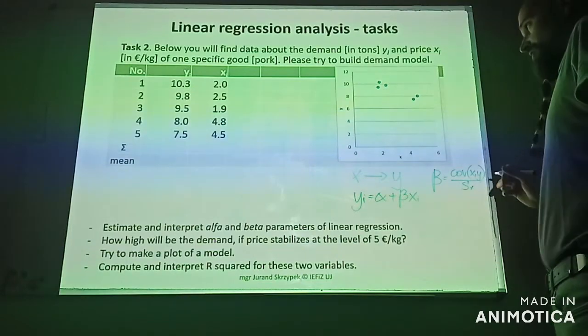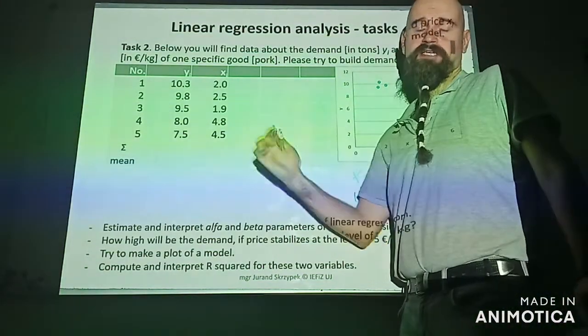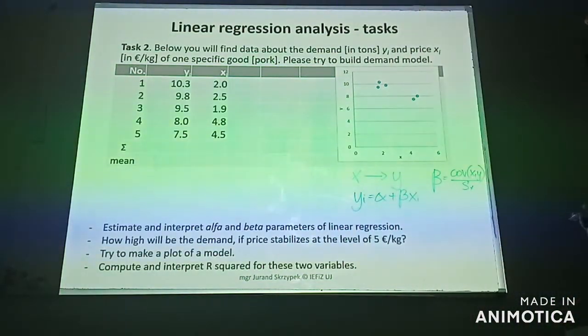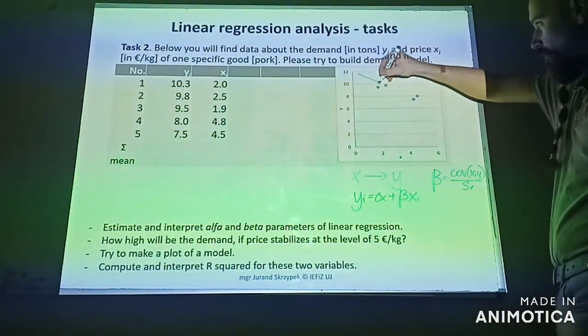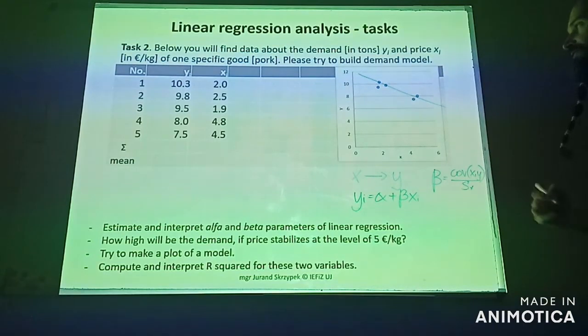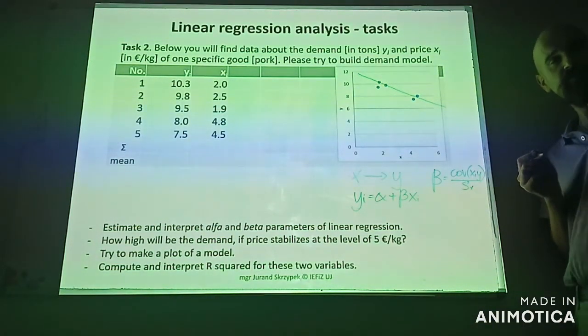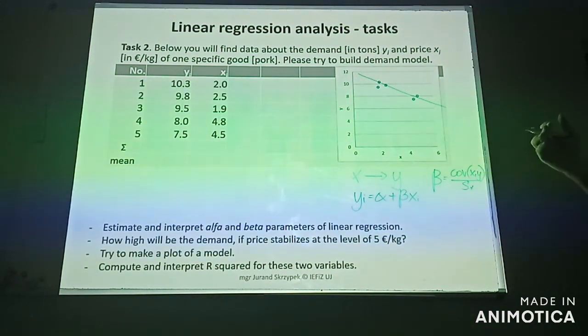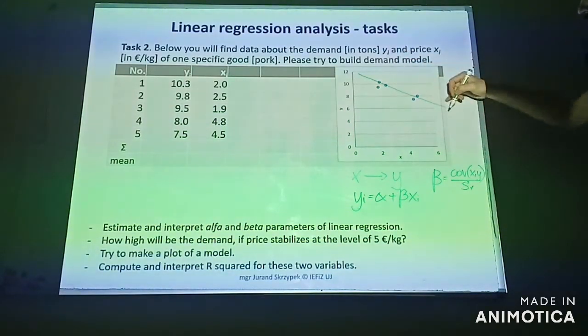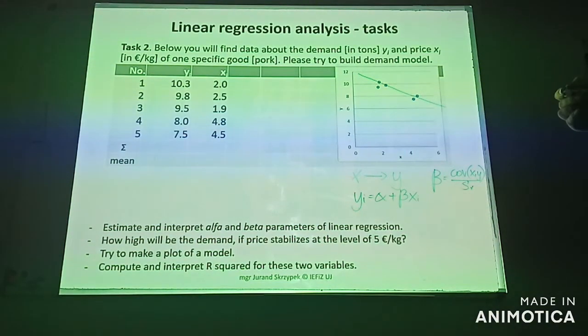Here we have the graph that presents the data from the table, and as we have expected, here we are looking for alpha and beta parameters of the straight line that ensure the best fit to the empirical data, and of course we can perceive a negative relationship between both variables.